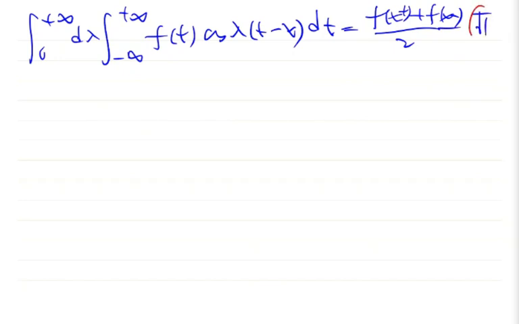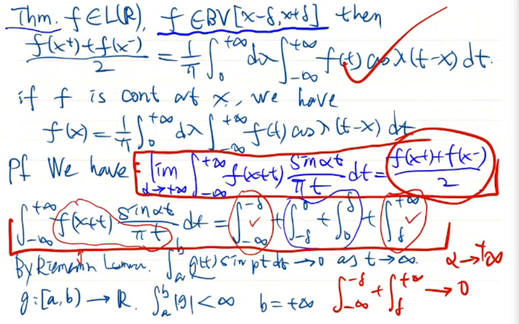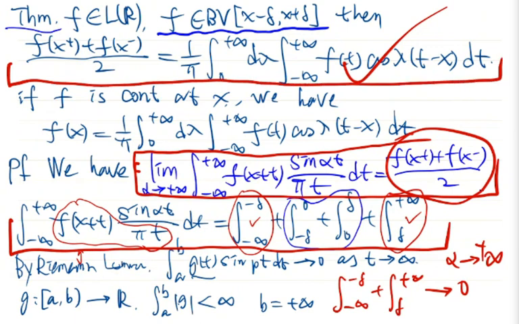And you move the pi to the left-hand side, giving us the conclusion of the Fourier integral theorem. And this completes the proof. Okay.